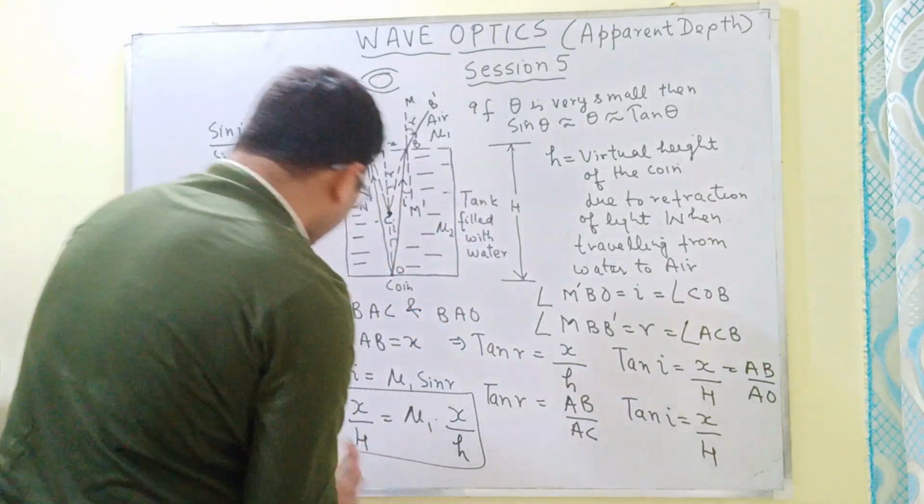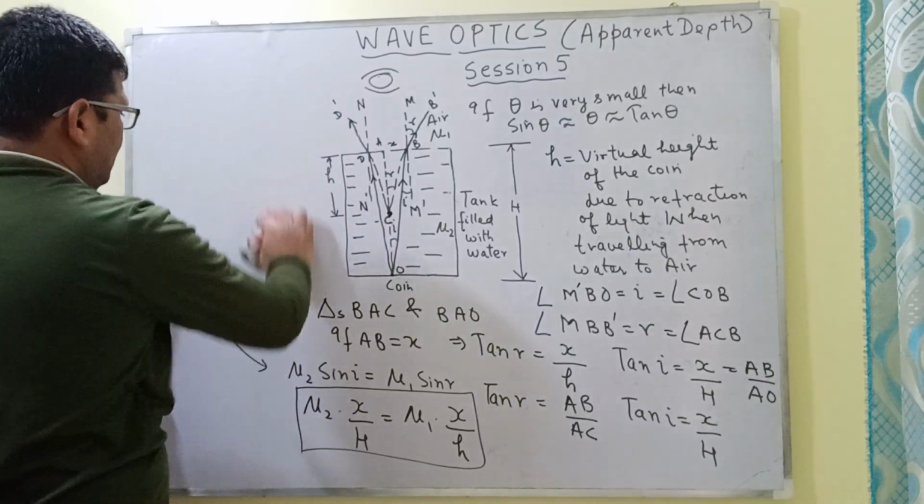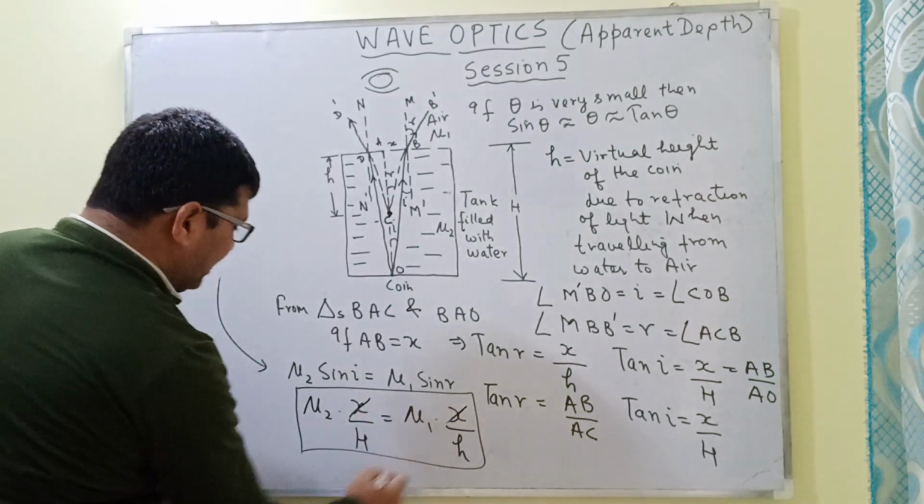From this relation we can see this x and x will get cancelled out.